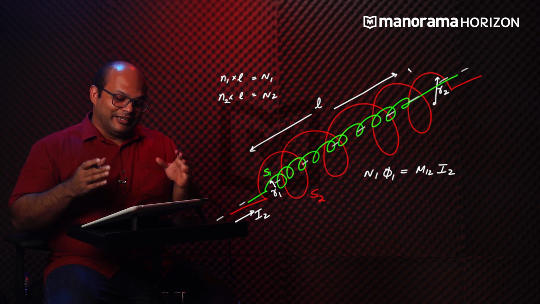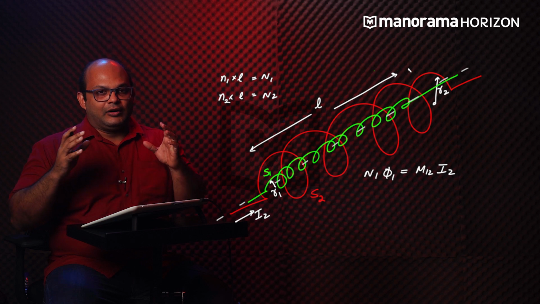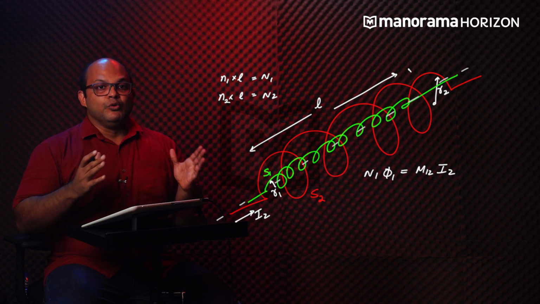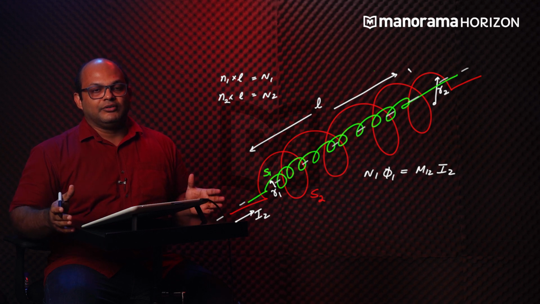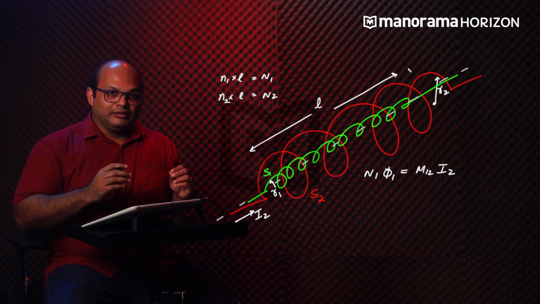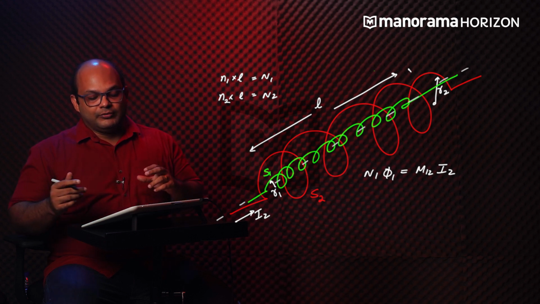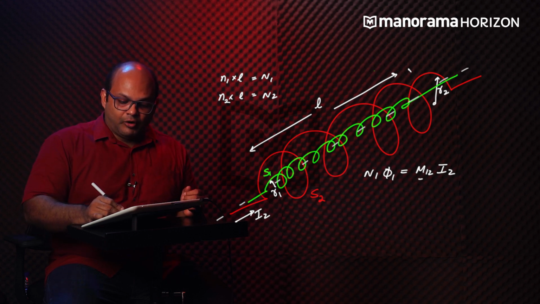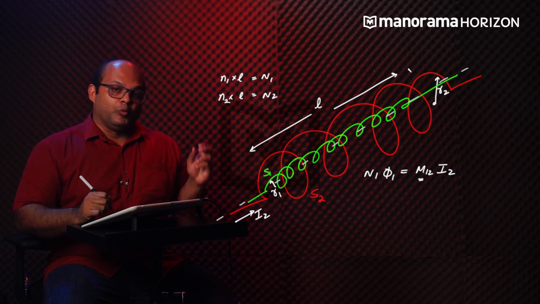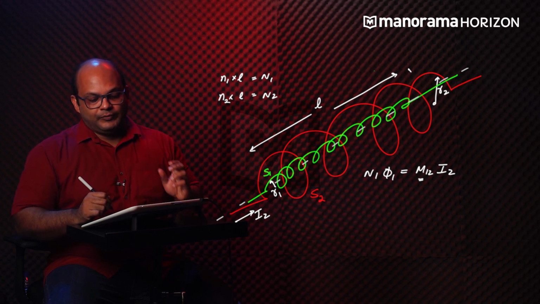That flux is being linked with the inner coil, and how much of the flux is getting linked with the inner coil depends on the mutual inductance of these coils, or more accurately, the mutual inductance of coil 1 or S1 with coil 2. So that is what we have here in the form of M12. M12 is the mutual inductance of coil 1 with respect to coil 2.